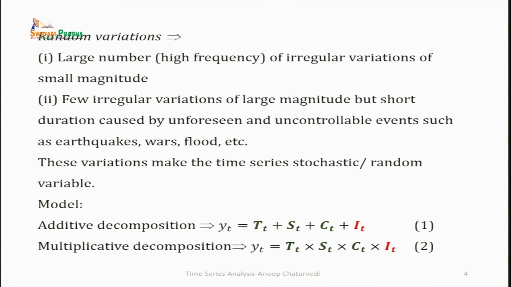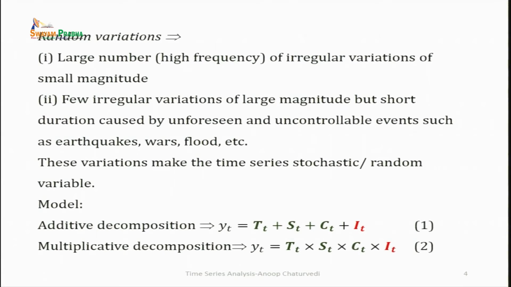And then traditionally there are two models which have been considered to decompose the time series. We write the time series y_t either as the sum of four components. So, y_t is equal to T_t plus S_t plus C_t plus I_t.